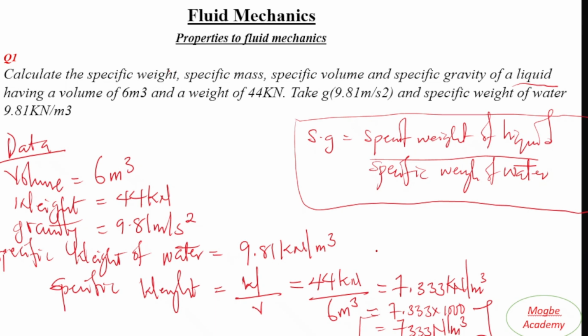We are now asked to calculate for your specific mass. Your specific mass, or your what? Your mass density. For you to calculate for your specific mass, we said that specific mass is denoted by what? Small m, right? And we said small m is what?